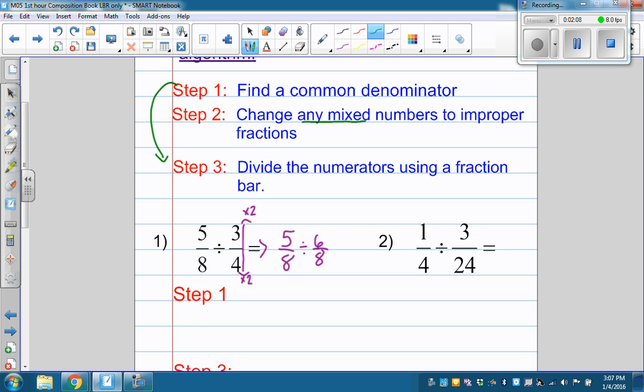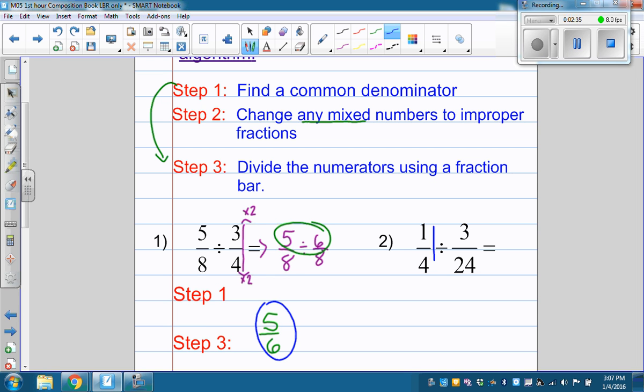Step 3 just says divide the numerators using the fraction bar. So once you have those common denominators, you take the numerators and you just write them as a fraction, and that's your final answer. So 5/8 divided by 3/4 is 5/6. That's the final answer.